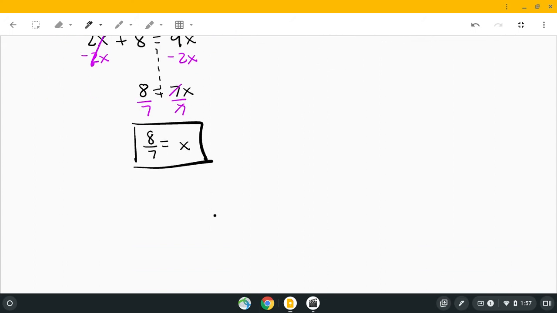But when you have something like this, suppose that we are solving 2 plus 5 over x minus 4 equals x plus 1 over x minus 4.